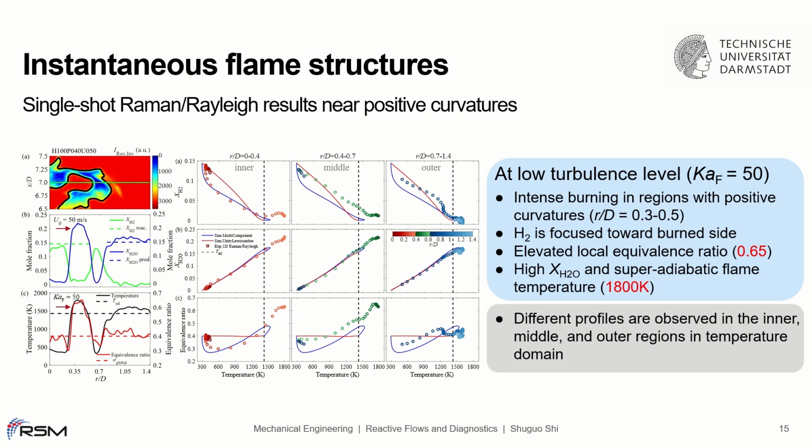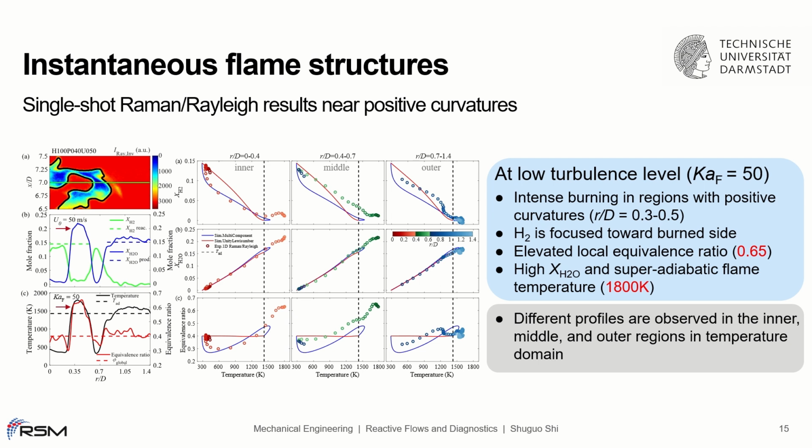The corresponding hydrogen mole fraction and water mole fraction are shown on the second row, in which the green dashed line indicates the hydrogen mole fraction in the reactants, and the blue dashed line indicates the water mole fraction in the products. The local temperature and equivalence ratio are shown on the third row, in which the black dashed line indicates the adiabatic flame temperature, and the red dashed line indicates the global equivalence ratio.